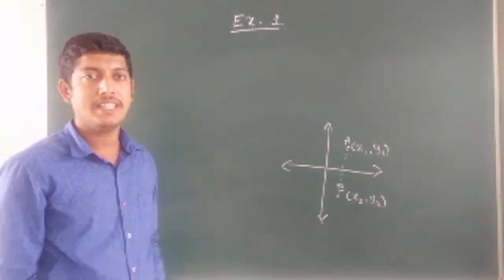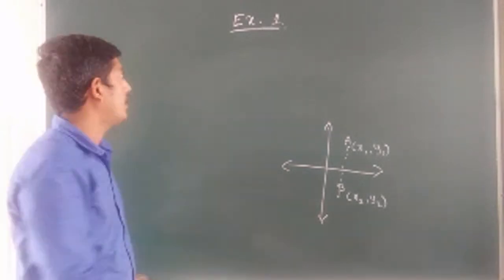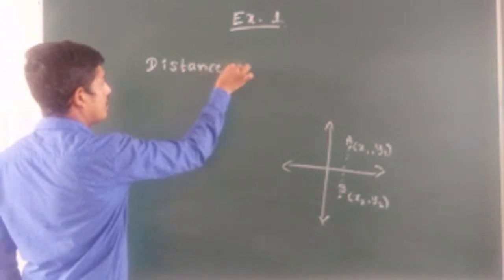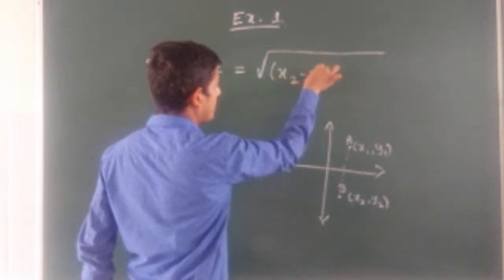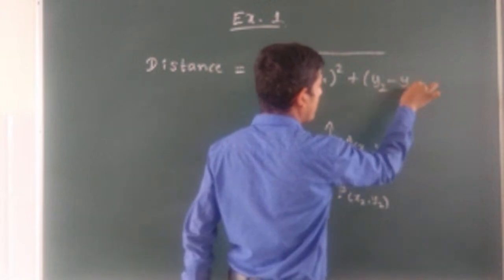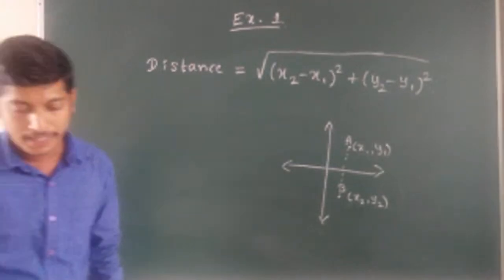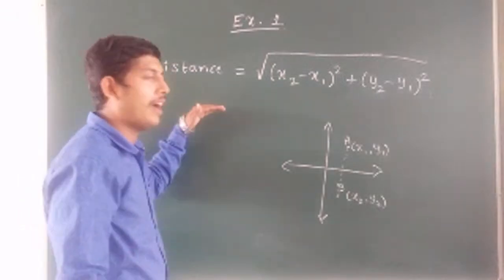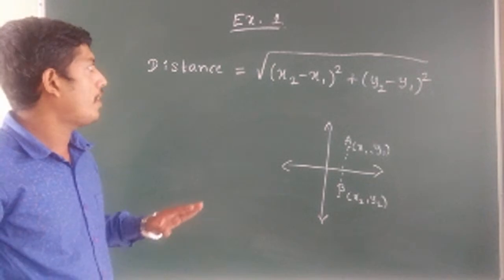To find the distance between the coordinate points, we have one formula. Distance equals square root of x2 minus x1 whole square plus y2 minus y1 whole square. This is the formula to find the distance between any 2 points. Here A is x1 comma y1 and B is x2 comma y2.